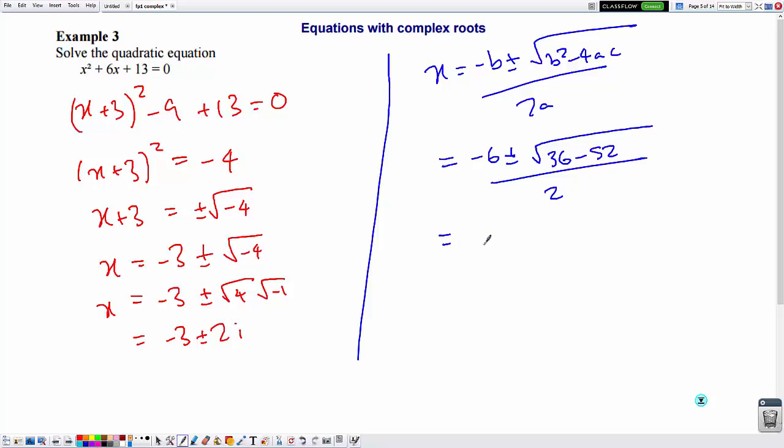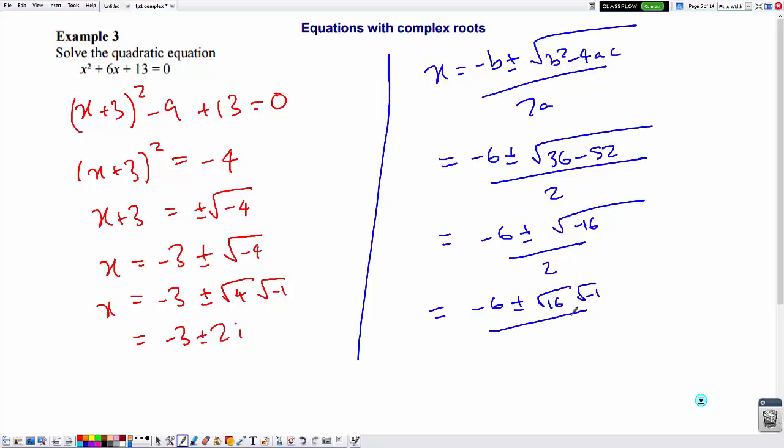And so that's minus 6 plus or minus the square root of 36 minus 52. That's minus 16, over 2. And then this, you can already see, will give us that in the end. So this is minus 6 plus or minus the square root of 16 times the square root of minus 1.